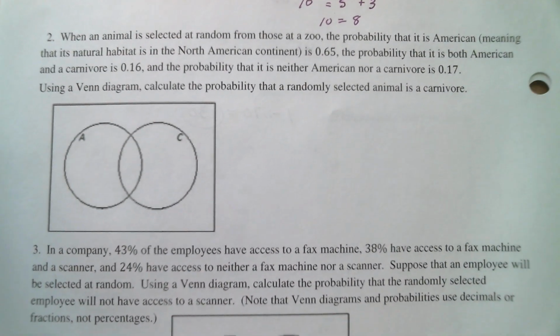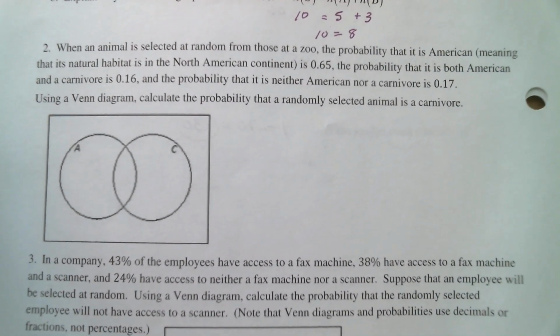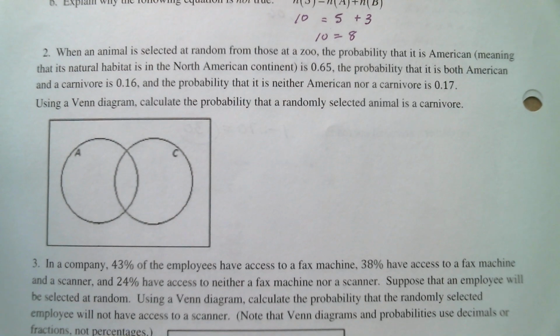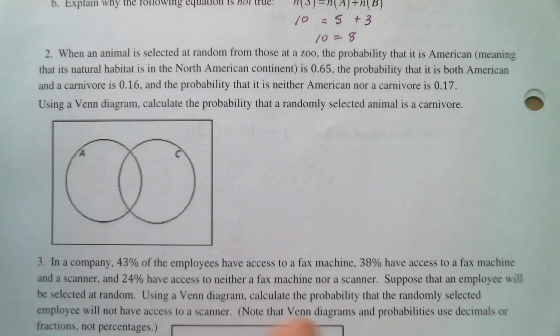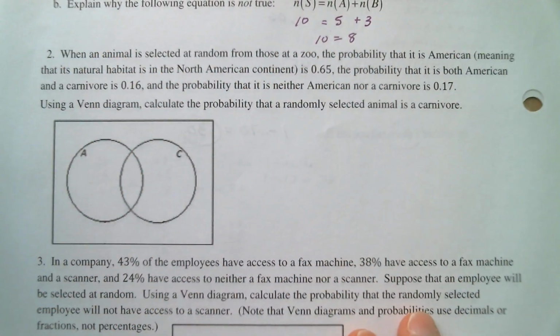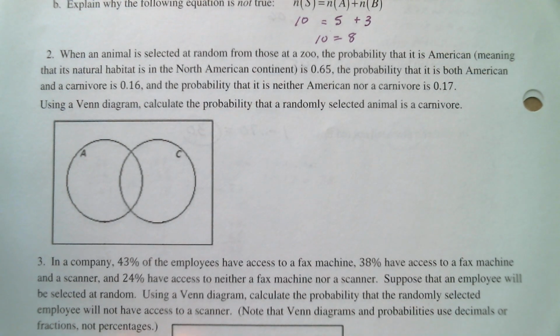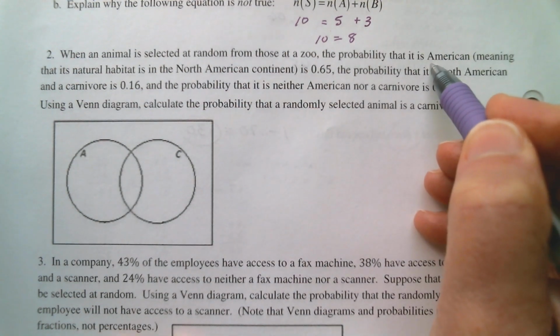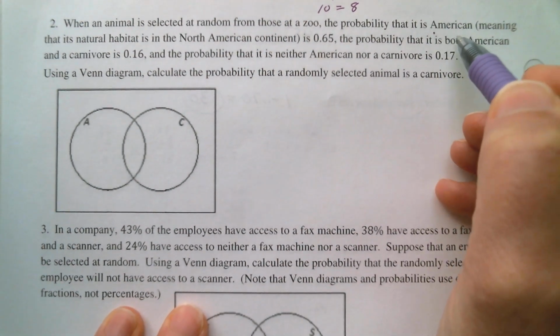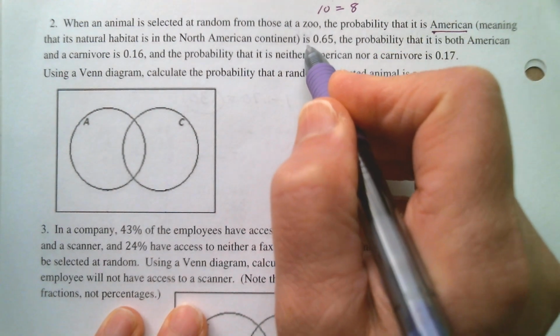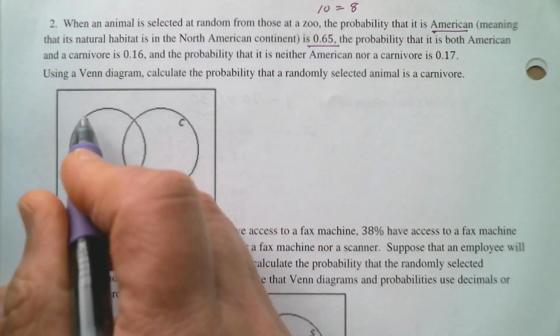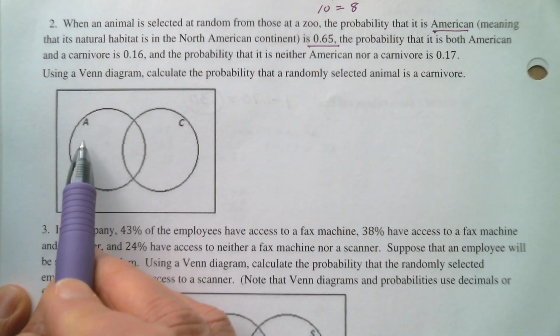So when an animal is selected at random from those at the zoo, the probability that it is American, meaning that its natural habitat is in North American continent, is 0.65. Okay, so American is 0.65. So I'm assuming A must stand for American.